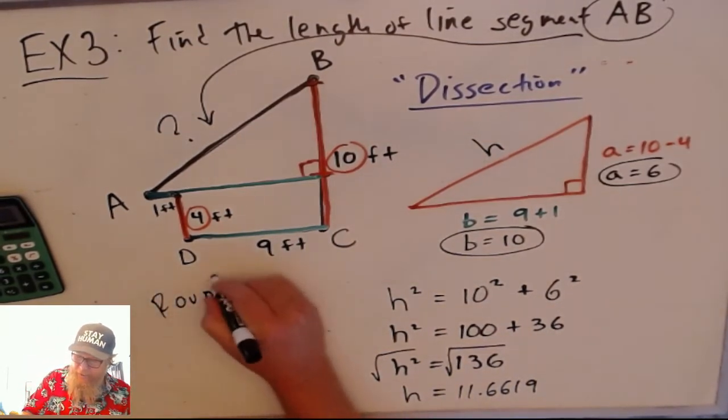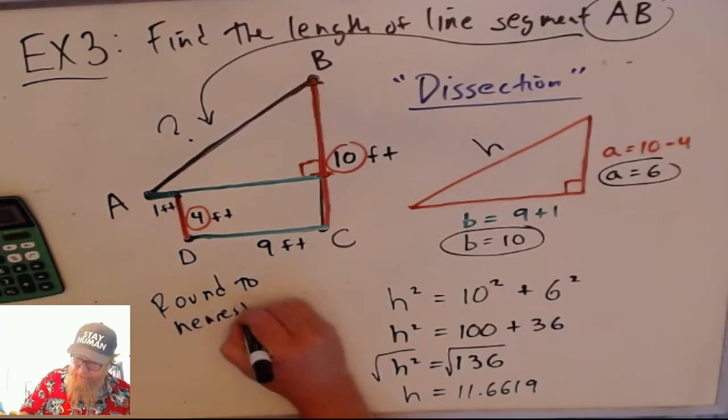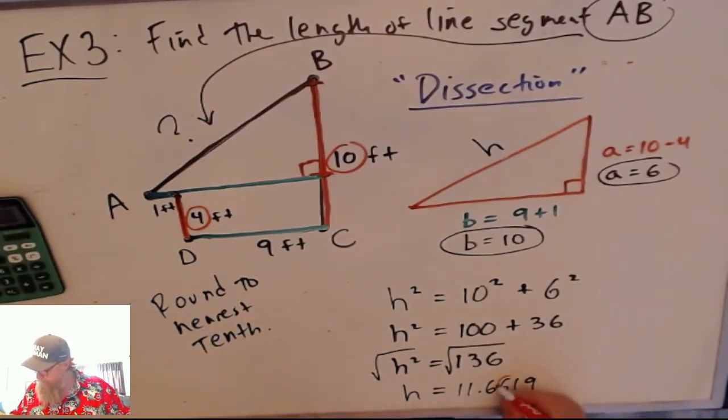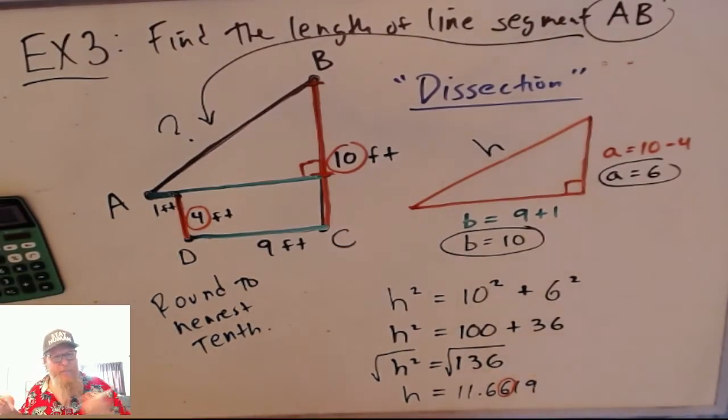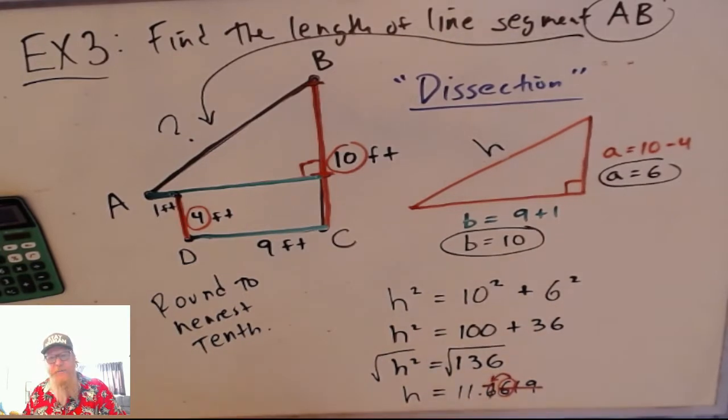I'm going to stay true to the last problem. We're going to round to the nearest tenth. That's the most common rounding that you've seen me do, but sometimes I'll change it up just to make sure you're reading it carefully. So we're going to round up, throw away the 6. We're going to round the 6 to a 7.